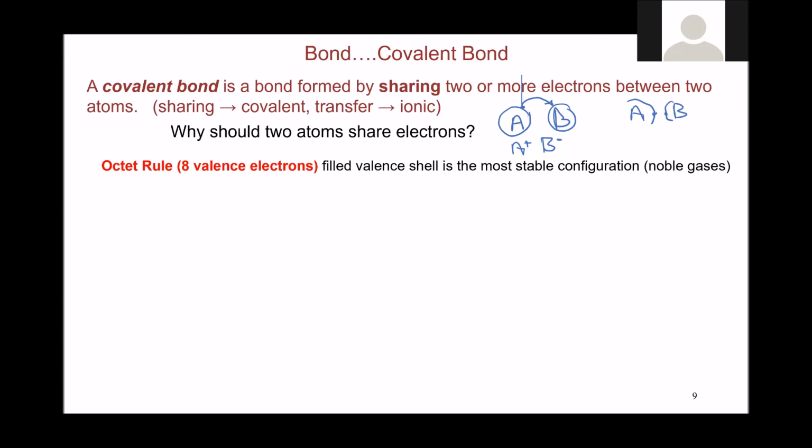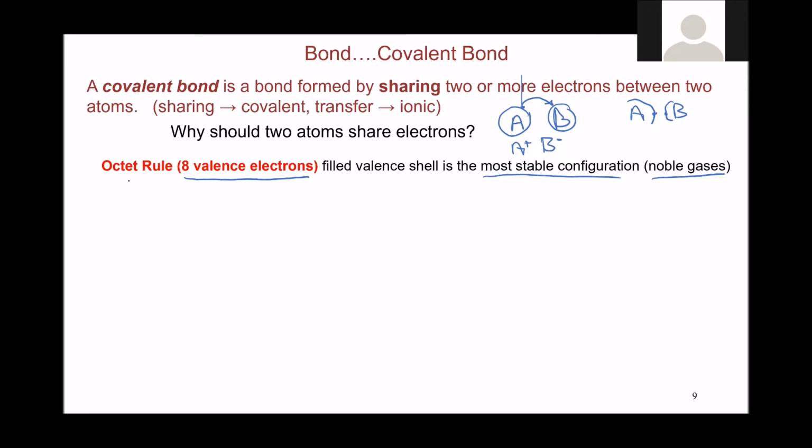So it will be a way to complete their electronic configuration to reach the most stable configuration, which is the configuration of a noble gas. And it usually corresponds with 8 valence electrons in the valence shell.